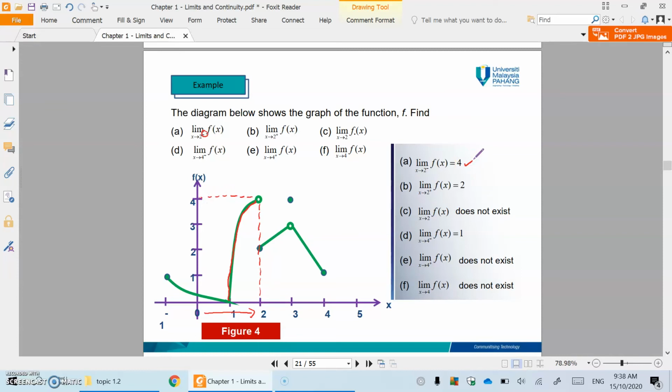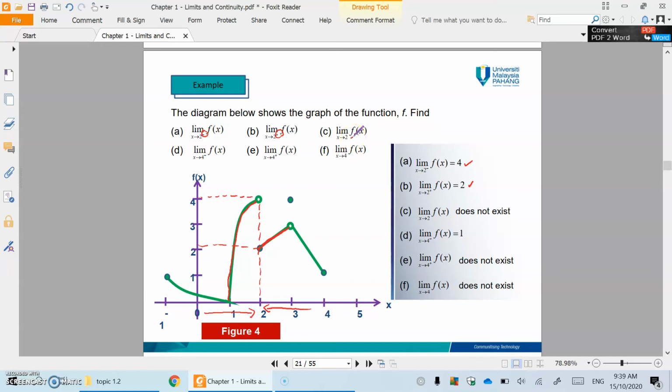Question B, the limit of f(x) as x approaches 2 from the right. We have the positive sign, from the right. From the right, this is the relevant curve. We can see that as x approaches 2 from the right, our curve approaches 2. Next, question C, the limit of f(x) as x approaches 2.